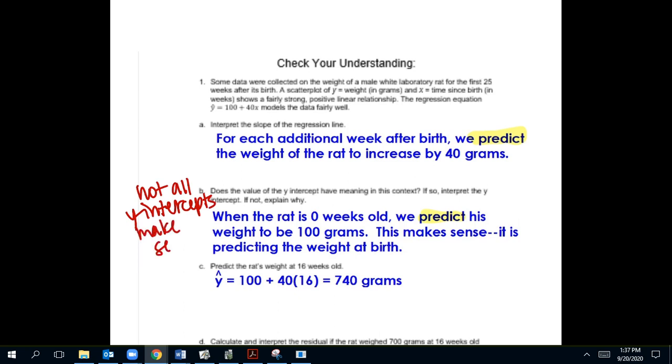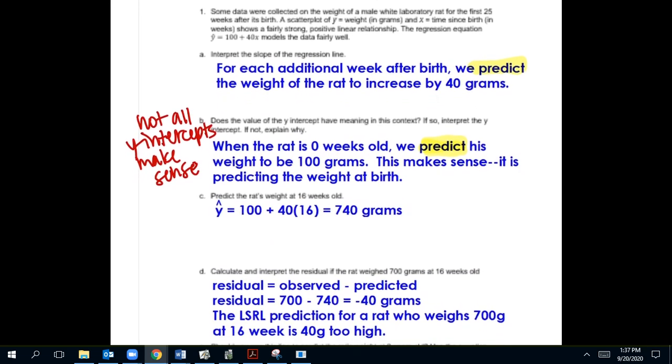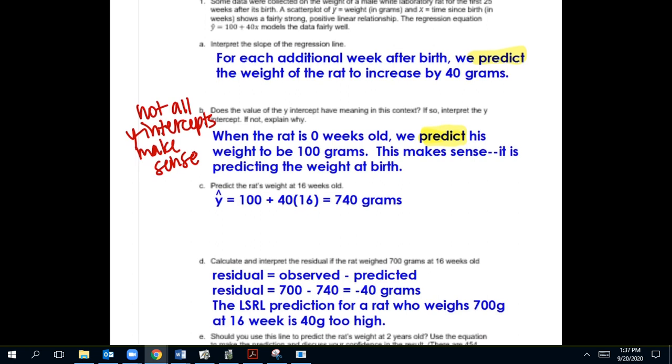Sometimes we'll do problems and the x value will be the height of someone and the y will be their weight. So if the height is 0, that doesn't make sense to use that number for the x value. And so we have a y-intercept that doesn't make sense in context. So make sure you pay attention to that. Always show your work.